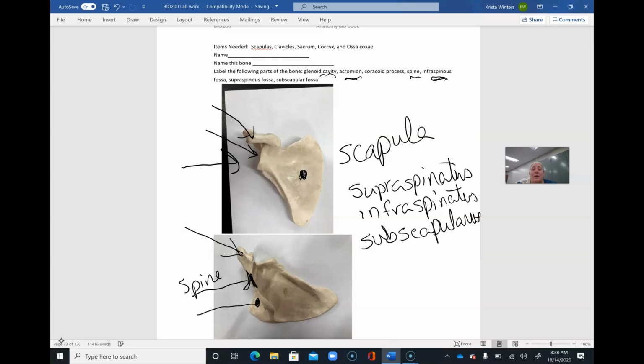And then we have one other muscle, not named for these fossa, named teres minor. And these 4 muscles together make up the rotator cuff muscles.